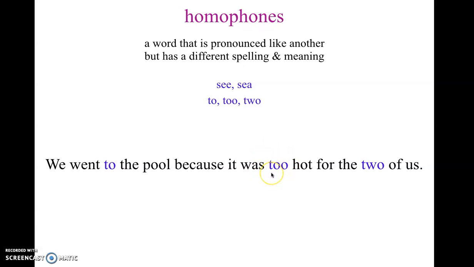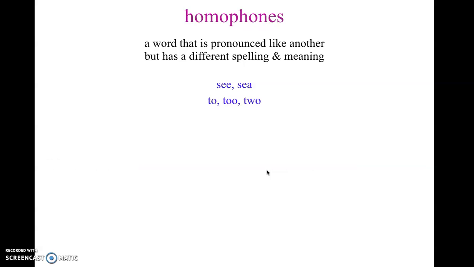Or more than enough, right? So it was so hot, it was more than enough hot, very hot, so we went to the pool, right? This means sort of more than you need, right? I have too much homework, right? More than I need.